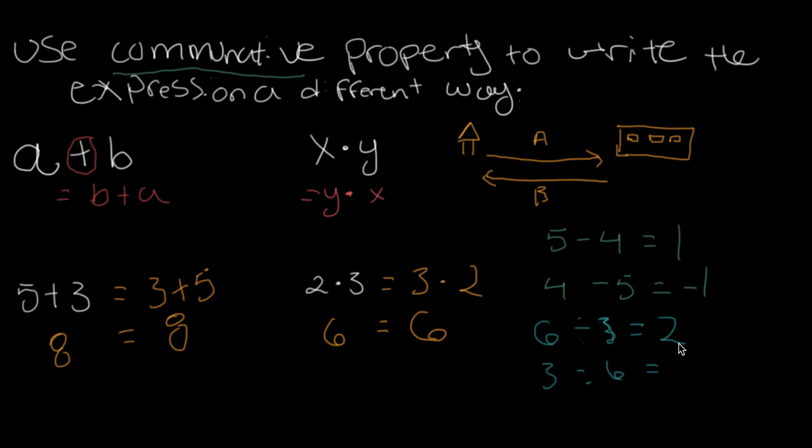And 1/2 is not equivalent to 2. So as you can see, the commutative property only works on addition and multiplication. It doesn't work for subtraction and division. So at the end of the day, what we can conclude is that addition and multiplication are within the commutative property, and that for subtraction and division, it doesn't work.